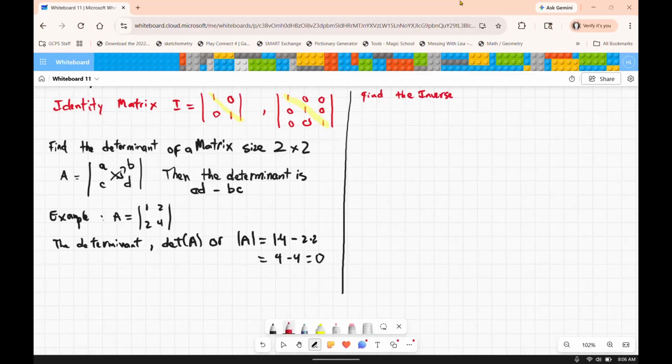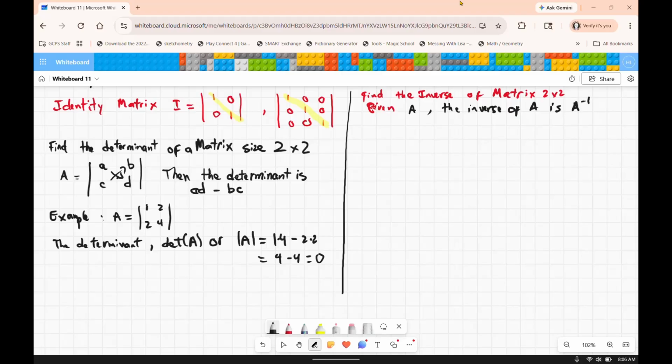Okay, so finding the inverse of a 2 by 2 matrix. What is the inverse? Let's say given a matrix A, the inverse of the matrix A is A to the negative 1.